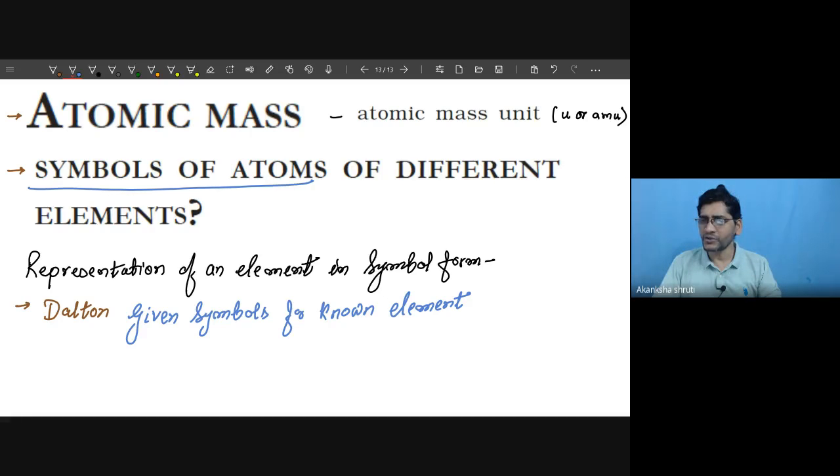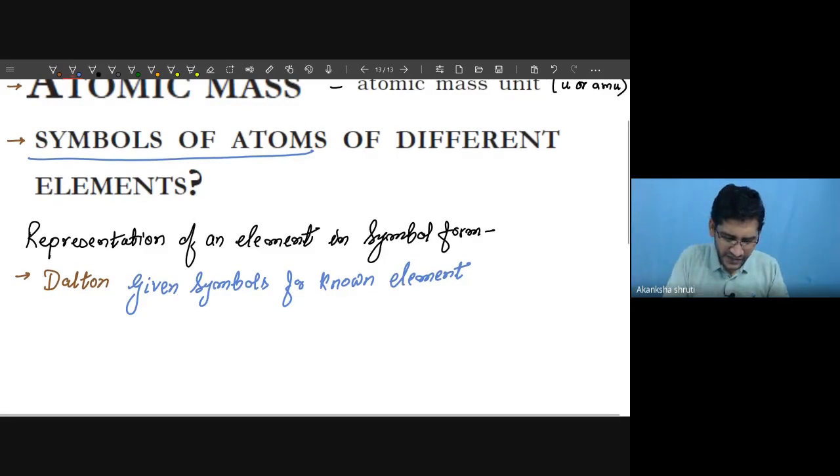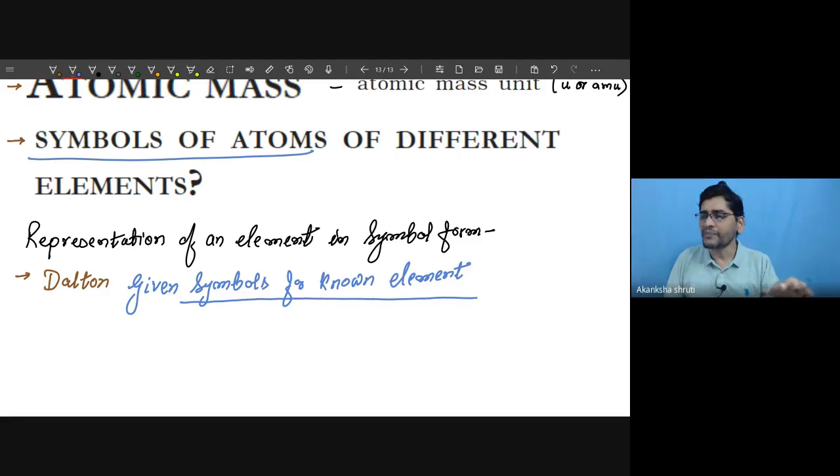Students, keep in mind, today we know that there are nearly 120 elements. But at the time of Dalton, just the beginning of the 19th century, the number of elements was not this much. It was just nearly 50 or 60. So he was trying to give 50 or 60 symbols for that. The symbols that Dalton had given were not in terms of alphabets, but with some simple figures. Those symbols are not used today.